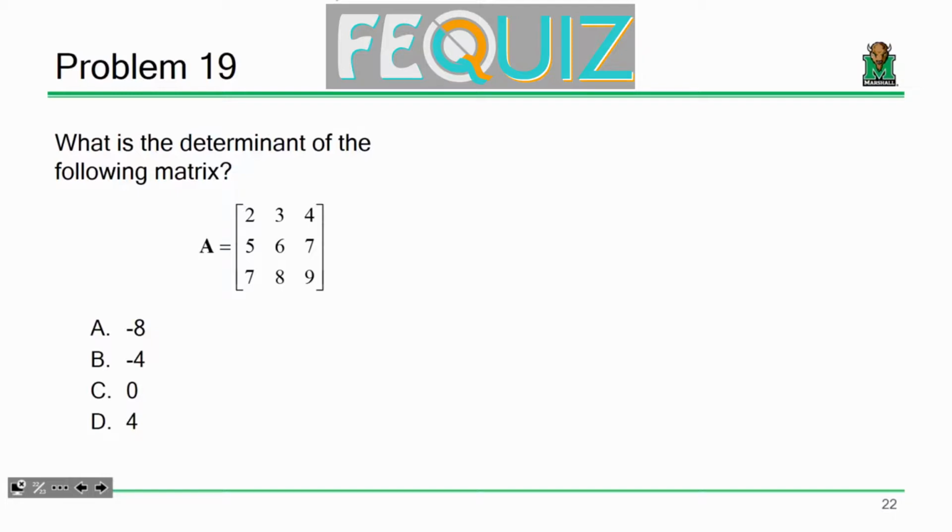Because you've already done a cross product, so you can do this. Somebody got it.